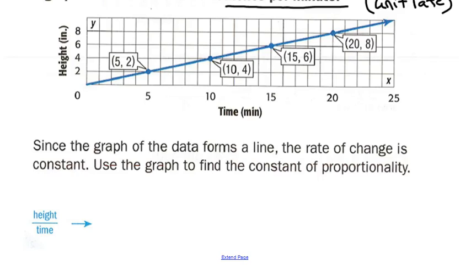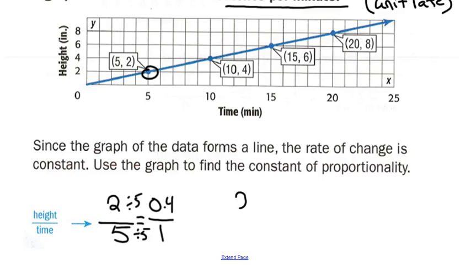So in this particular case, since we know there's a proportional relationship, we can simply find the ratio of height to time. So in our first point, which is right here, our height is 2, and our time is 5 minutes. And if we found that as our unit rate, remember we want the denominator as 1, we find it's 0.4 to 1. And you could do this with any point.